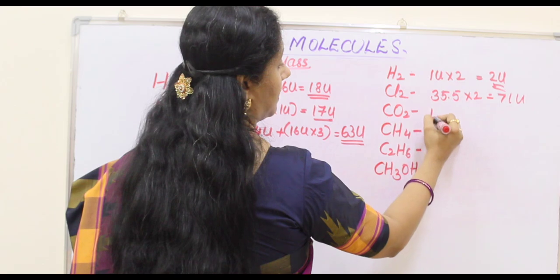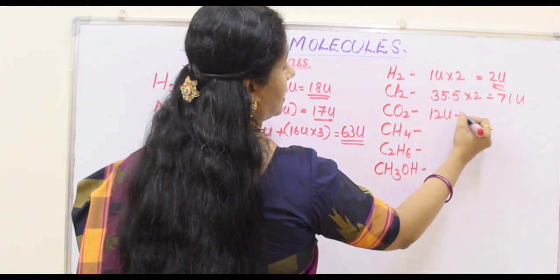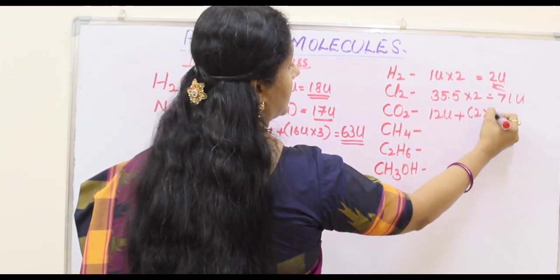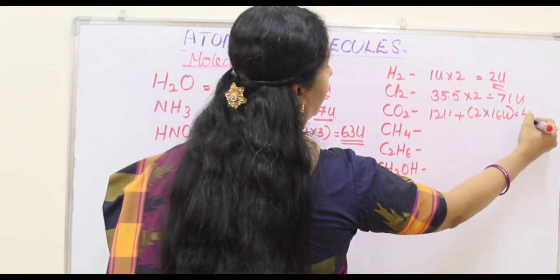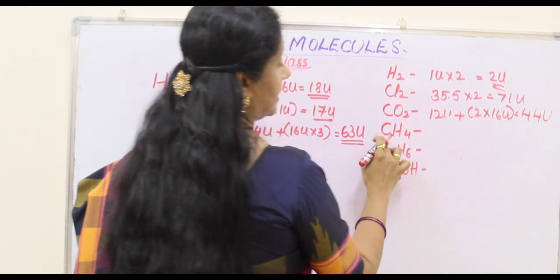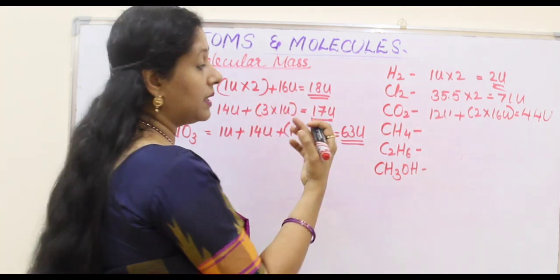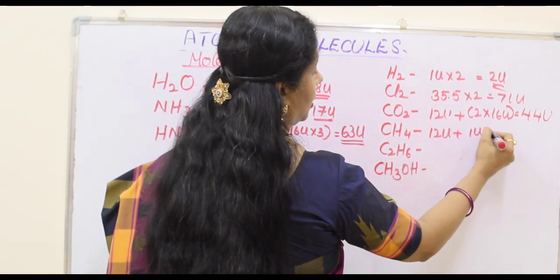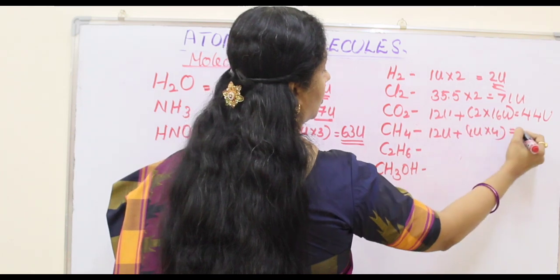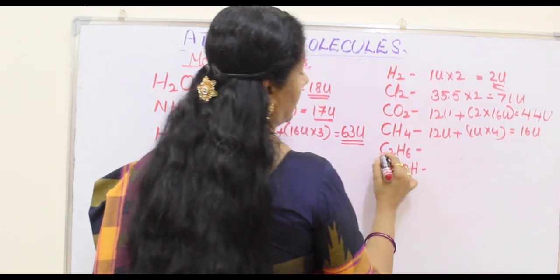Carbon dioxide: carbon is 12U plus oxygen, 2 atoms of 16U each. So 32 plus 12, 44U. This is CH4, methane. So 12U for carbon plus 1U into 4 for hydrogen, so total 16U.